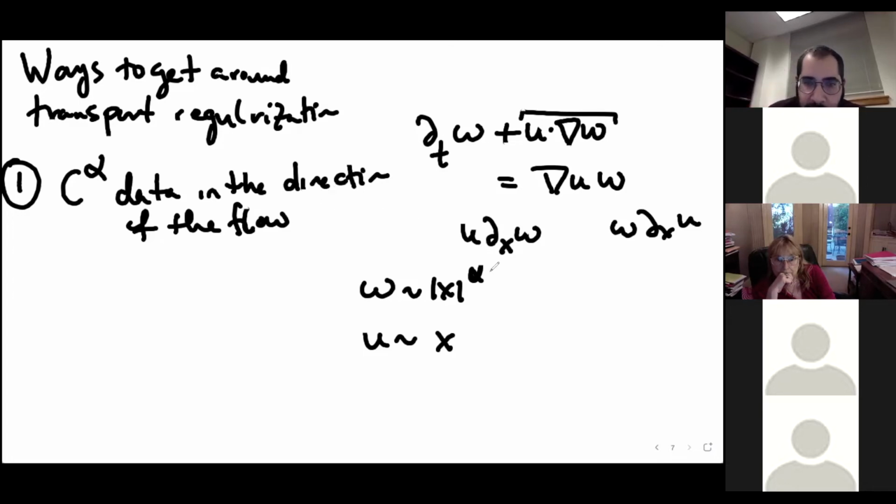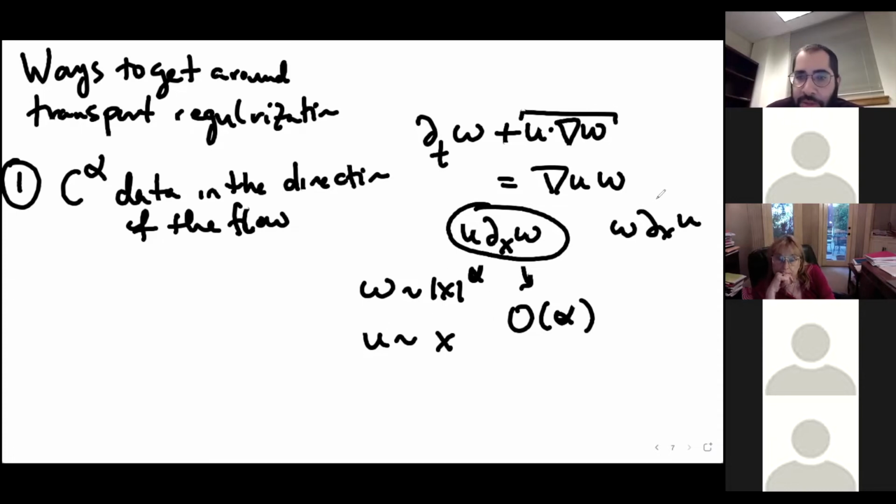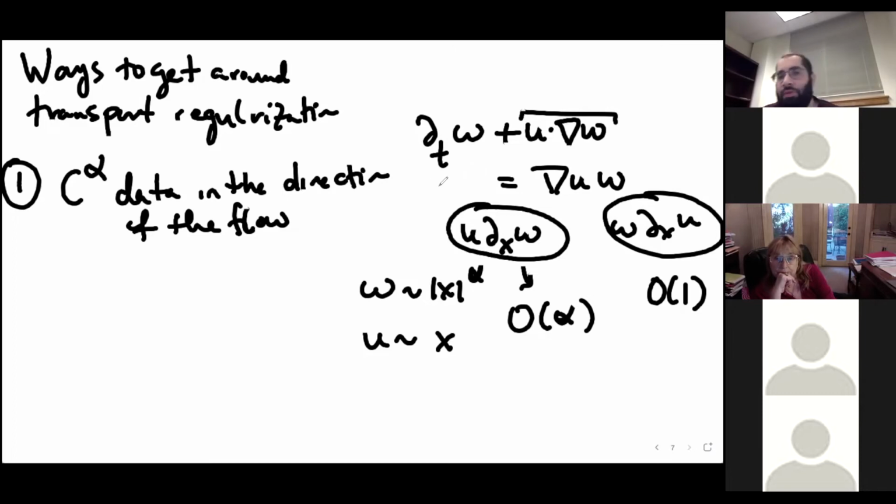Then you see that this term is order alpha, because you just take x dx of x to the alpha, you get a factor of alpha, but this term is still order 1 because dx falls on u. Right, so this is sort of just a cartoon of why taking data that's C alpha in the direction of the flow gives you a small constant here. So this is one way to ensure that you don't run into any structural problem with singularity.